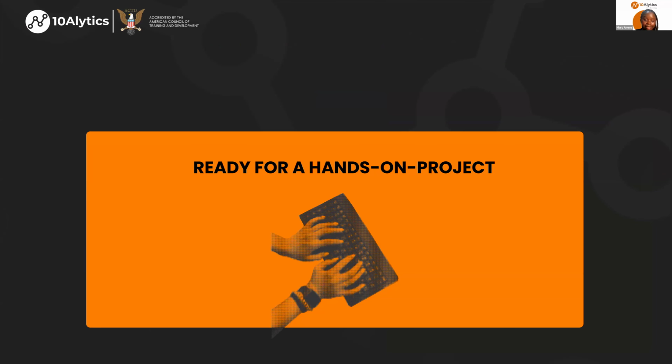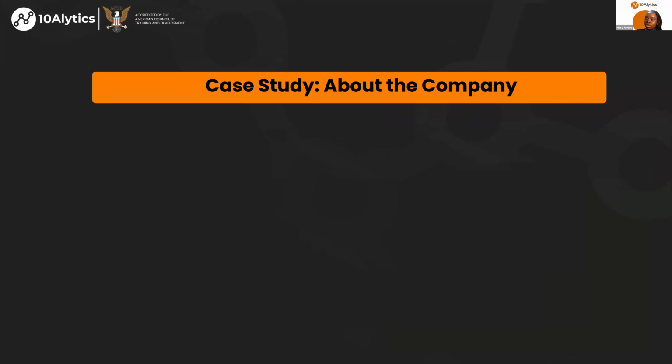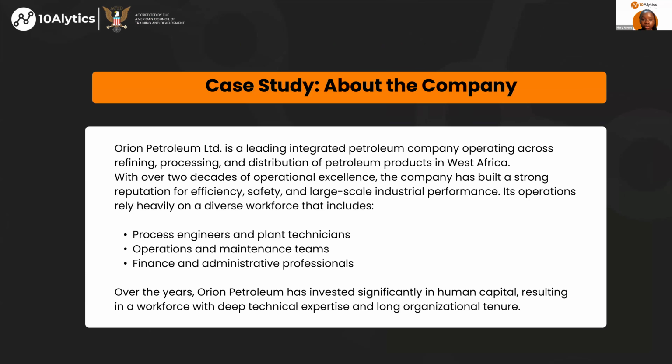All right, so let's get our hands ready for our hands-on project. Now, what we are going to be doing today is looking at a case study about Orion Petroleum Limited. Now, this is a leading integrated petroleum company operating across refining, processing and distribution of petroleum products in West Africa. With over 2 decades of operational excellence, the company has built a strong reputation for efficiency, safety, and large-scale industrial performance.